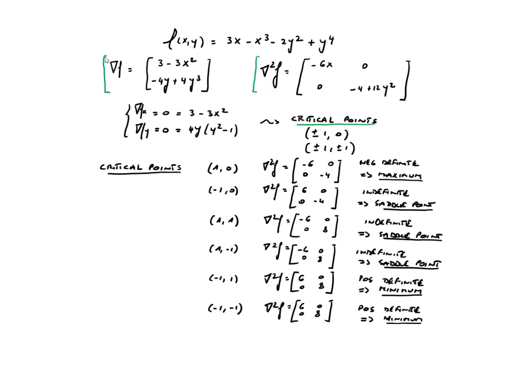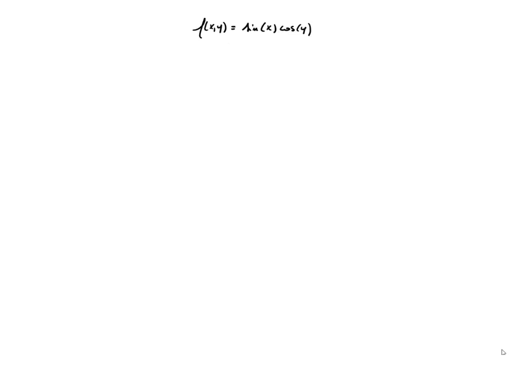For the three next critical points, we can clearly see that the Hessian is indefinite, so we have in each of these cases a saddle point. And for the two last critical points, we can clearly see that the Hessian is positive definite, so we have a minimum.